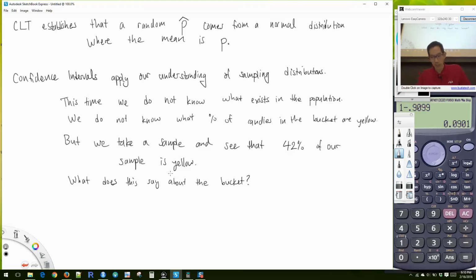Effectively that means the bucket could be anywhere from 37% yellow to 47% yellow. Or maybe you're not quite sure and you say, maybe I should play it safe, give or take 10%.